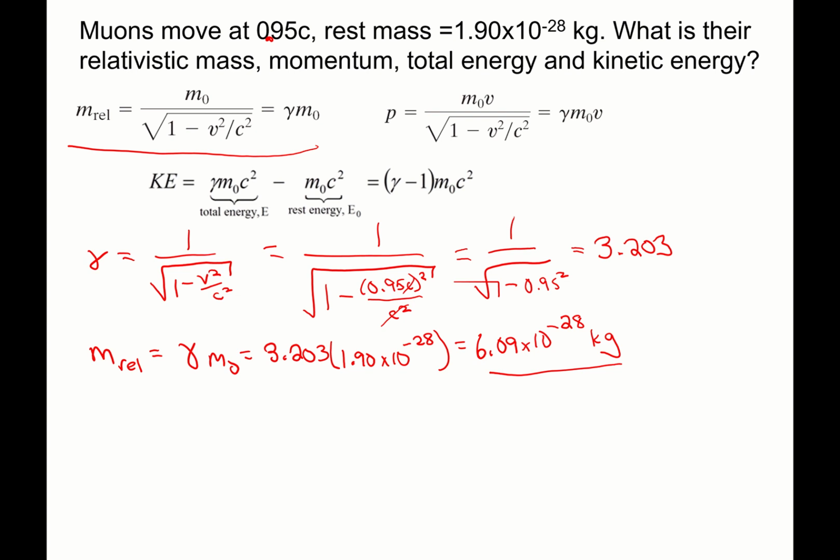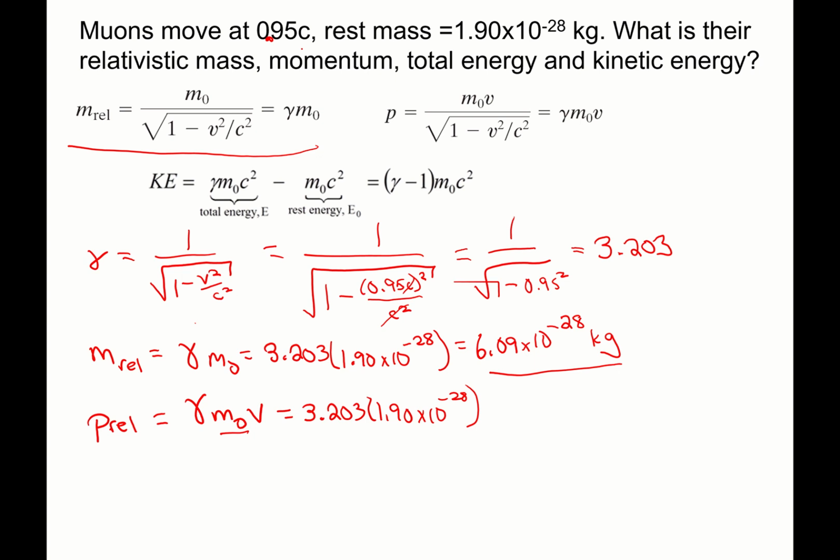Okay, next thing it wants is the relativistic momentum. So the relativistic momentum is gamma times the rest mass times the speed. So gamma is 3.203, the rest mass 1.90 times 10 to the minus 28. That combination is just going to be my 6.09 times 10 to the minus 28 times my speed.